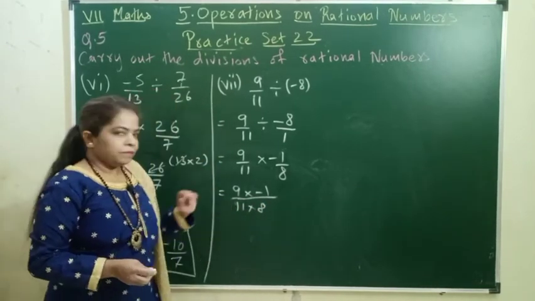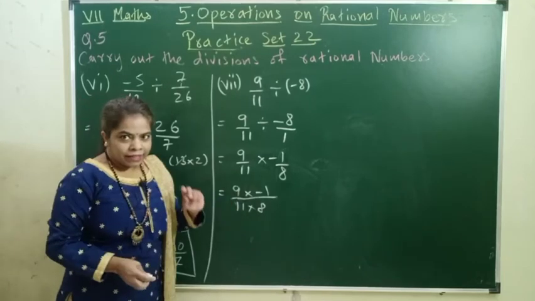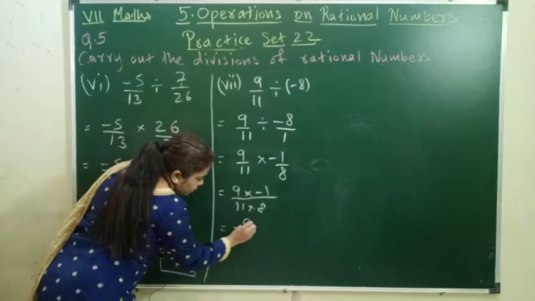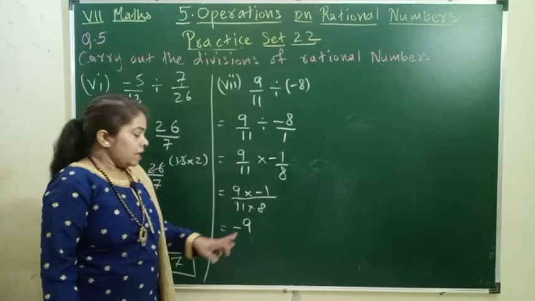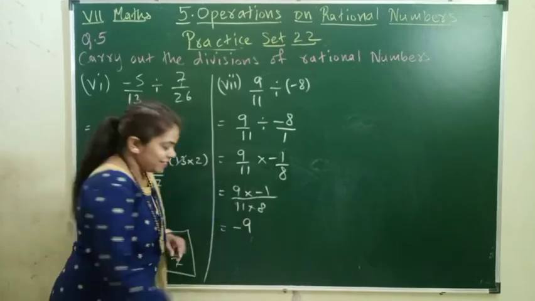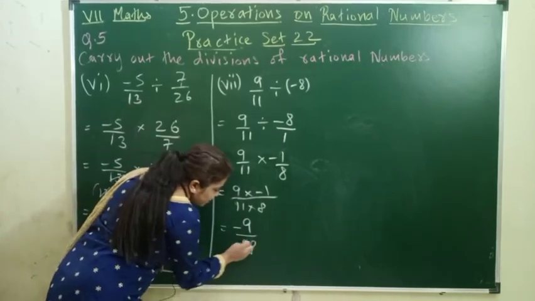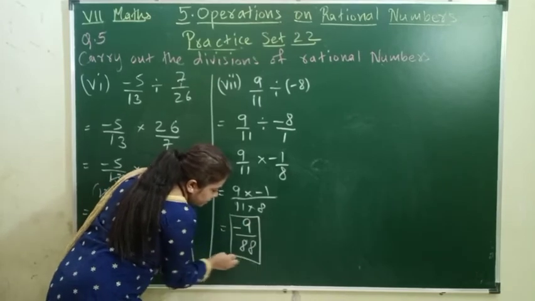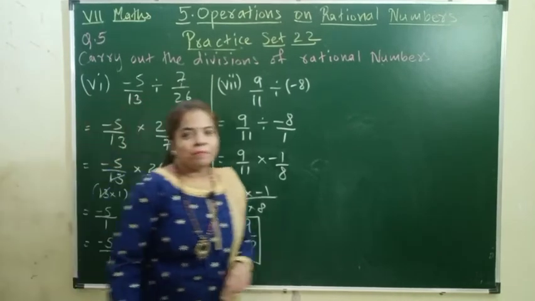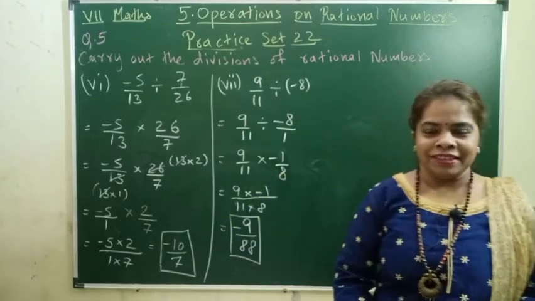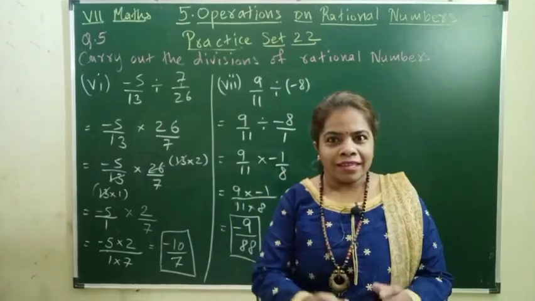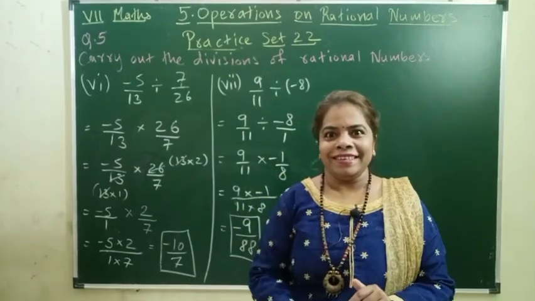See, now 9 ones are 9, minus 9. 11 eights are 88. So this is our sum done and complete. Now let us move to the last sum of this practice set.